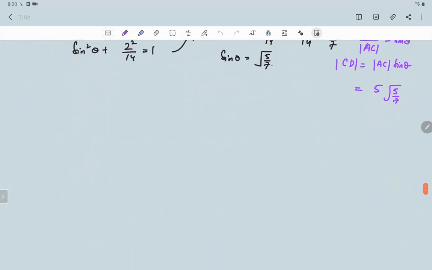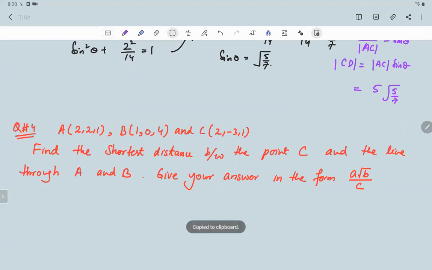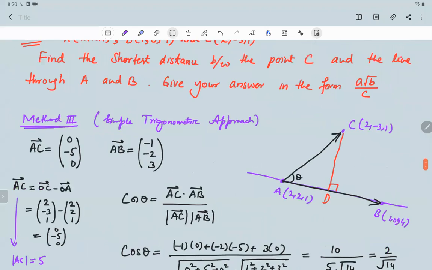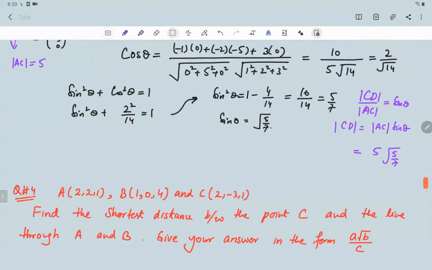As I said, we can do it with 6 methods. So now we are going to do it with method number 4.